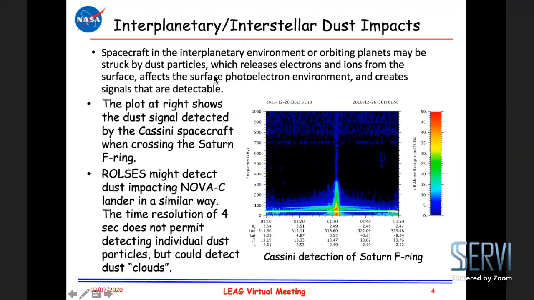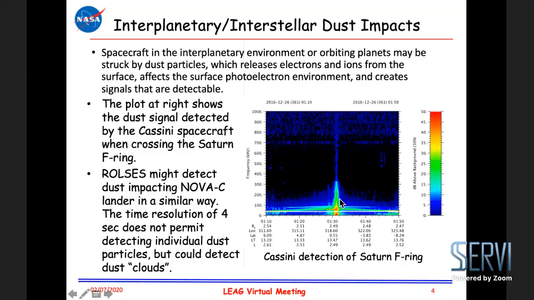The contact of the dust on the spacecraft body or on the antenna causes a change in the photoelectron environment, which releases electrons and ions, and depending on the magnetic field, it takes time for things to return so that the signal changes. And so here in the plot at the right is a Cassini detection of a Saturn ring.